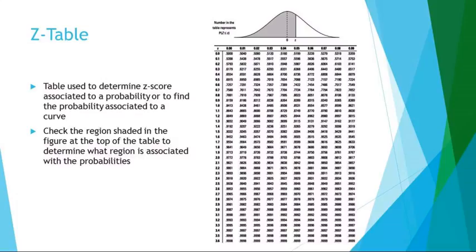In our standard curve, the area of the entire curve is going to be 1, because that's the highest probability. If you were to say something is for sure going to happen, it has a probability of 100%. It's going to be equal to 1. So the probability of flipping a heads on a coin is going to be 50% or 0.5.